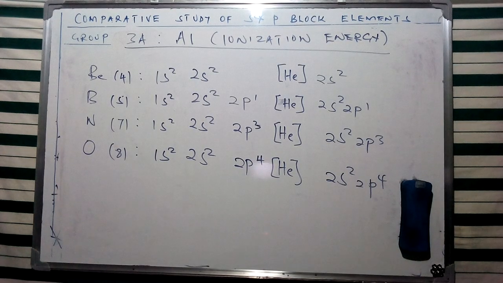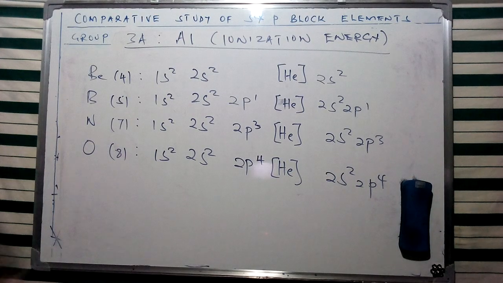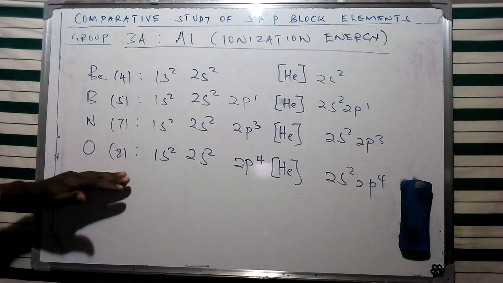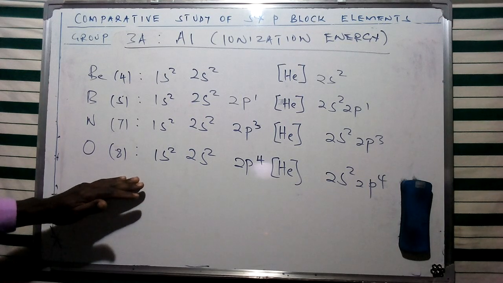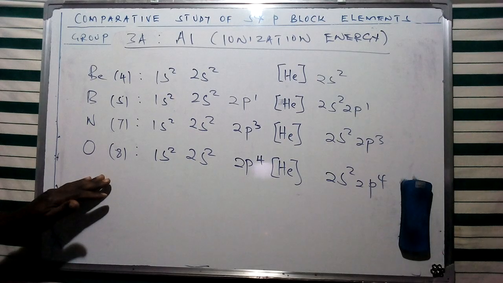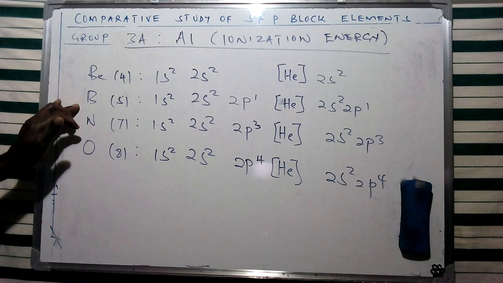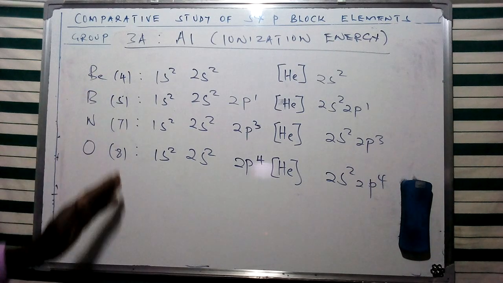Now, in contrast from the first description we had for the ionization energies, first, second, third, and fourth for aluminium, we're going to look at the group. Basically, this is going to be the period 2 elements of beryllium, boron, carbon, nitrogen, and oxygen. And of course, this is going to be excluding carbon. So we're going to have beryllium, boron, nitrogen, and oxygen of this specific atomic number.